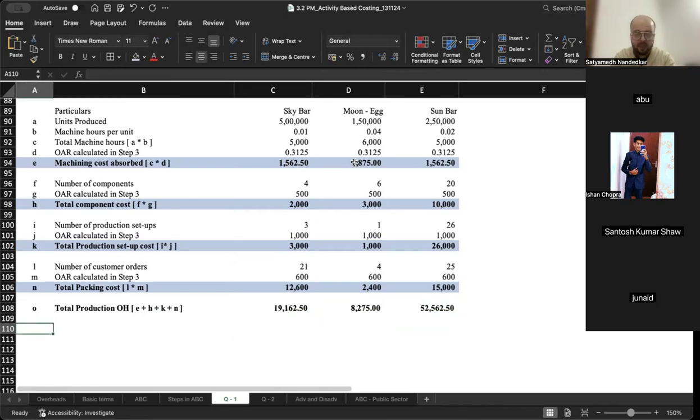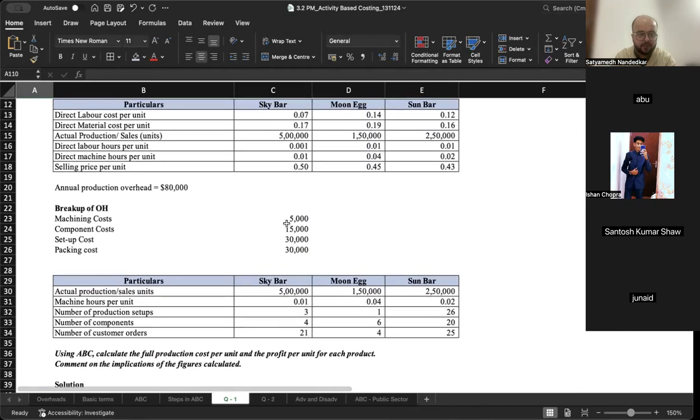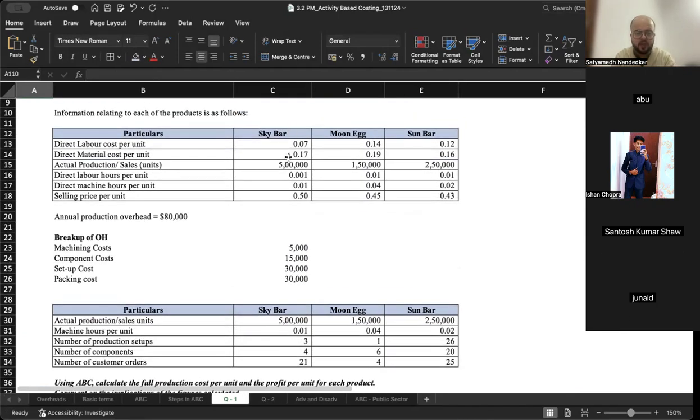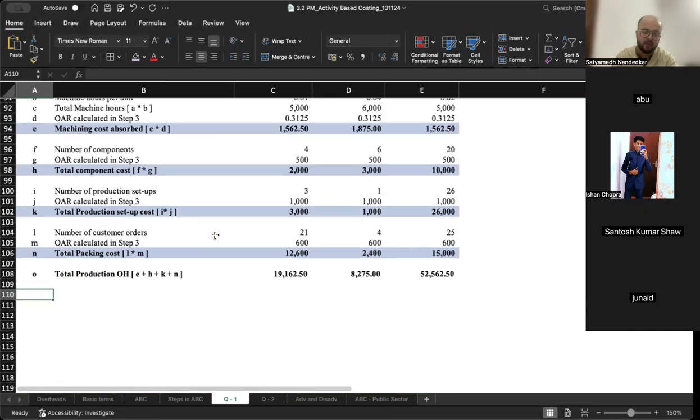Now I have my material and labor cost also given to me, which is 0.07 and 0.17, direct labor cost per unit, direct material cost per unit. So let's now get into the calculation mode. What they have asked me is calculate the full production cost per unit and the profit per unit.